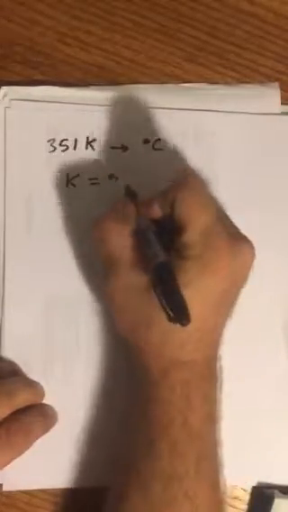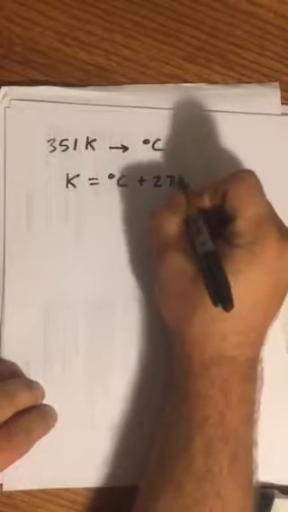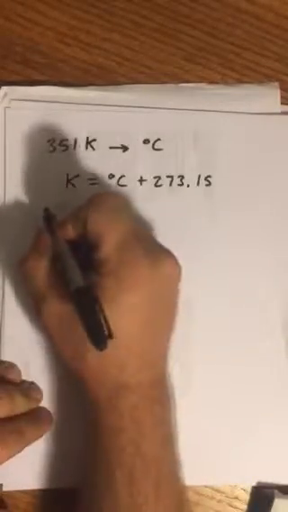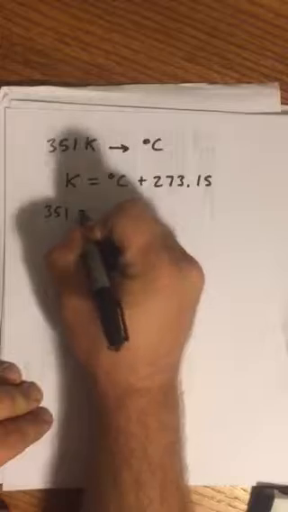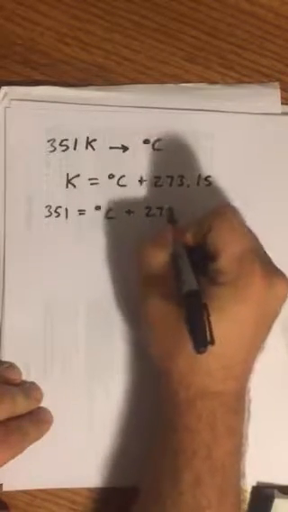So we know our measurement in Kelvin is equal to degrees Celsius plus 273.15. So we're going to plug our known into the equation. So we have 351 is equal to degrees Celsius plus 273.15, and we will solve for the degrees Celsius.